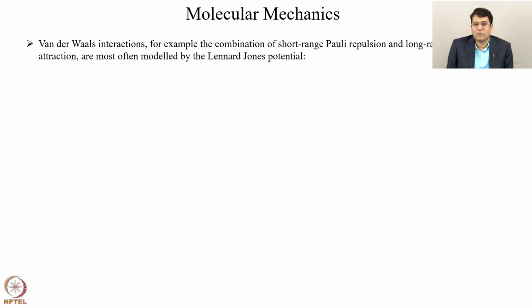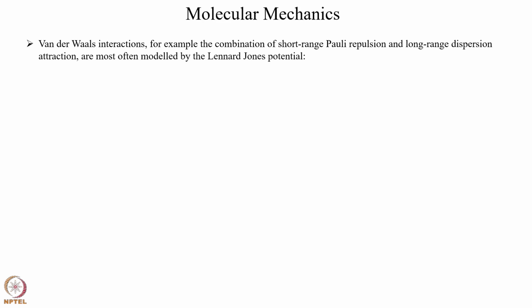Now, of course, in addition to that, I need to take the van der Waals interaction. We have talked about van der Waals interaction. These are the weak interactions, dispersions, while describing the D corrections to DFT. The van der Waals interaction, for example, the combination of short range Pauli repulsion and long range dispersion attractions, are most often modeled by the Lennard-Jones potential.